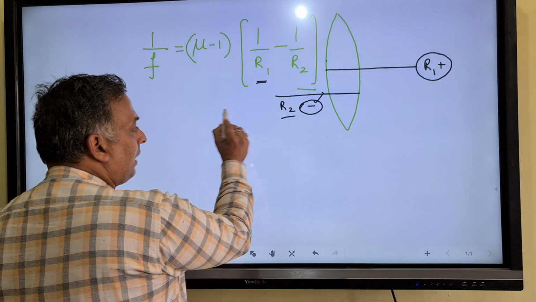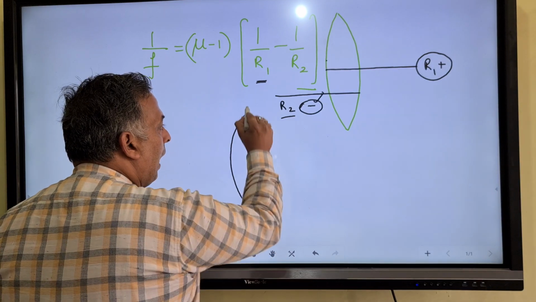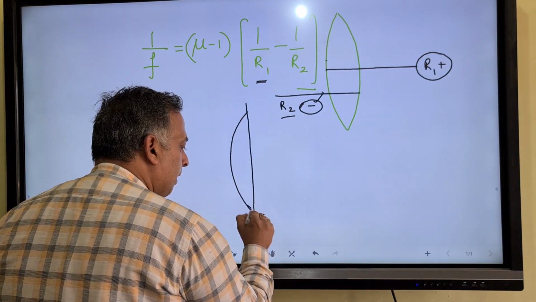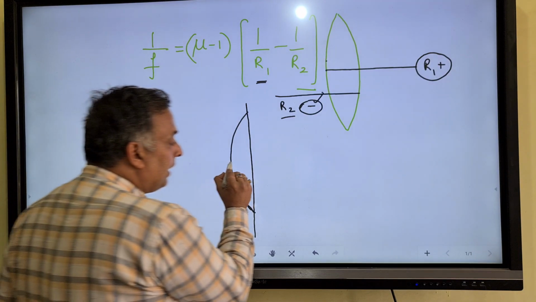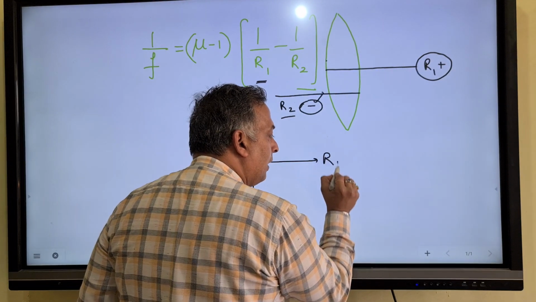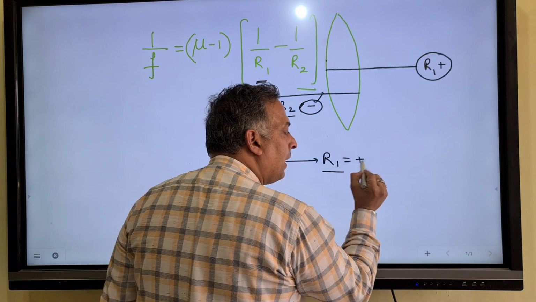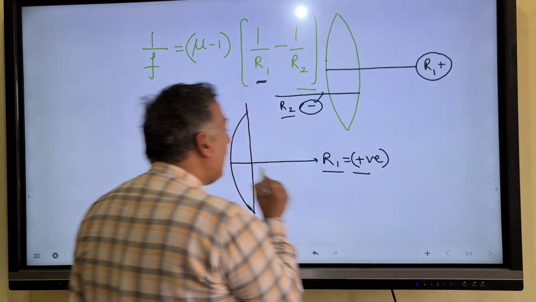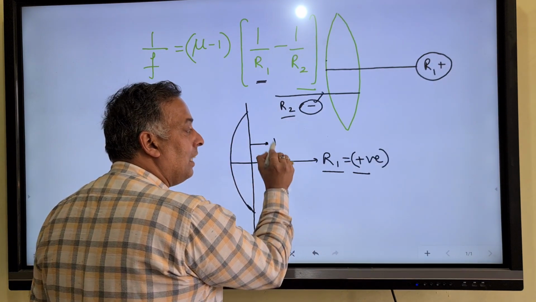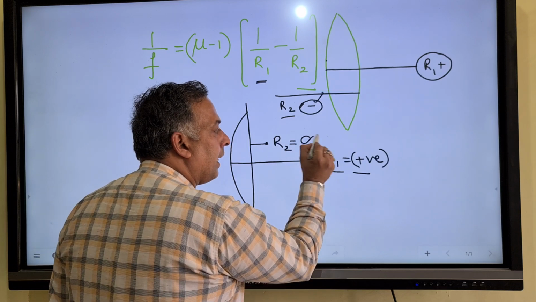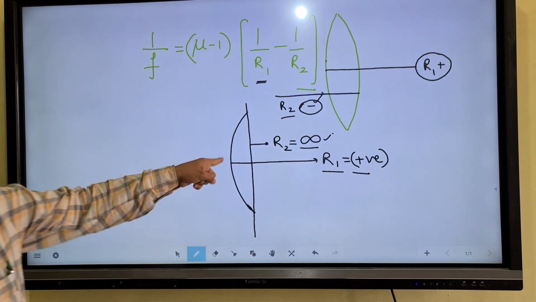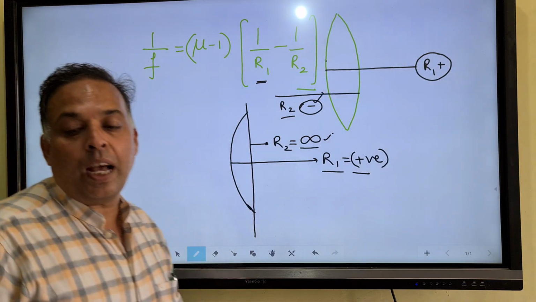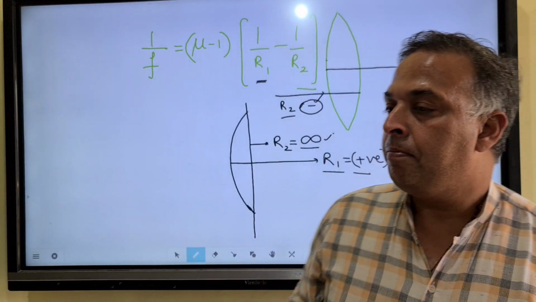If this biconvex lens is cut in this way from the center, this r1 is positive and the other side is a plane, so R2 has to be taken to be infinite.